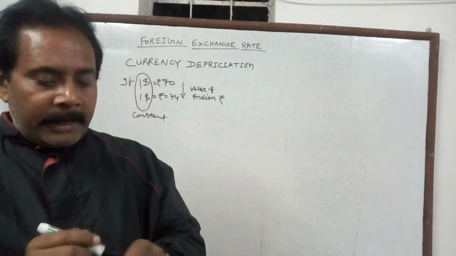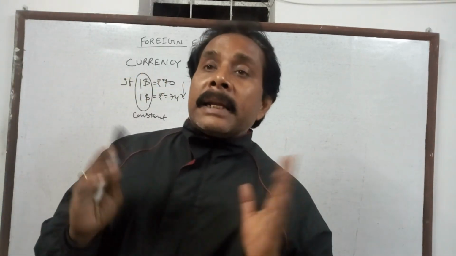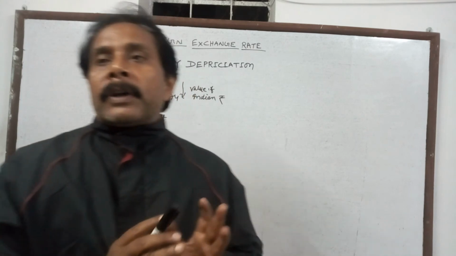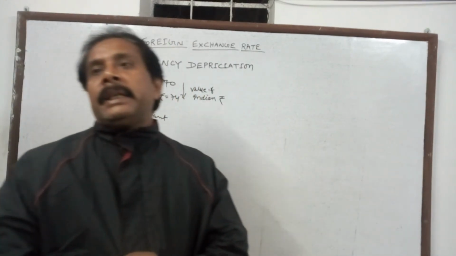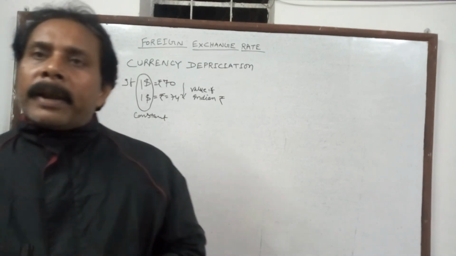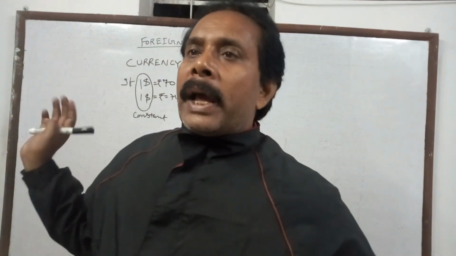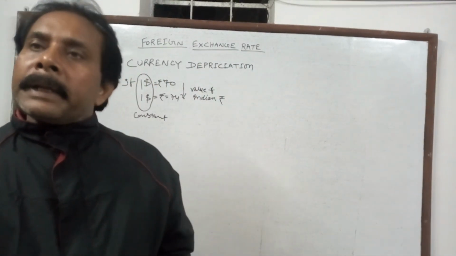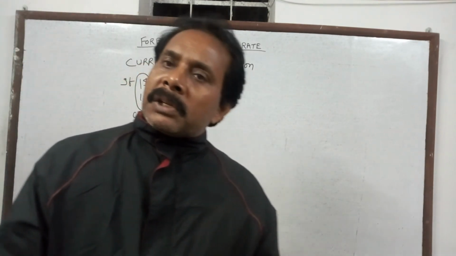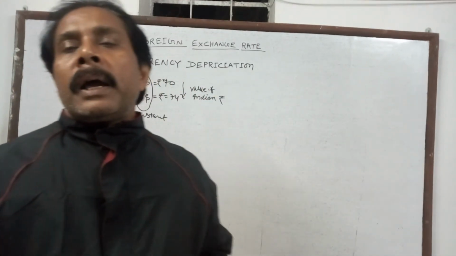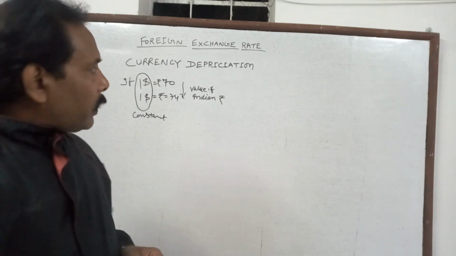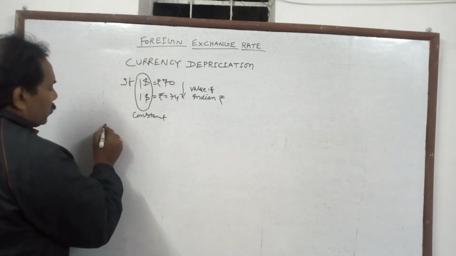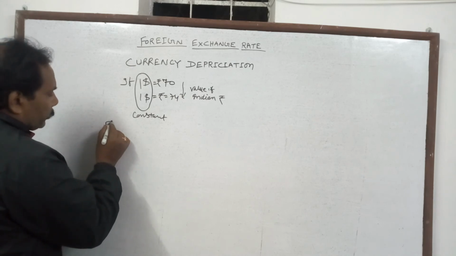So once again I want to say currency depreciation refers to decrease in the value of domestic currency in terms of foreign currency, that is known as currency depreciation. Is it clear? Now come to the effect of depreciation of domestic currency. Okay, so now next is what will be the effect.